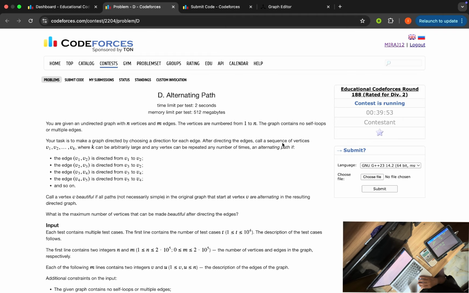After directing the edges, call a sequence of vertices v1, v2, vk, where k can be arbitrarily large and vertices can be repeated any number of times, an alternating path if the edge v1 to v2 is directed from v1 to v2, v2 to v3 is directed... If v1 to v2 is directed, then it's saying the edge v2 to v3, the direction v3 to v1, then a direction v3 to v4, then direction v5 to v4.